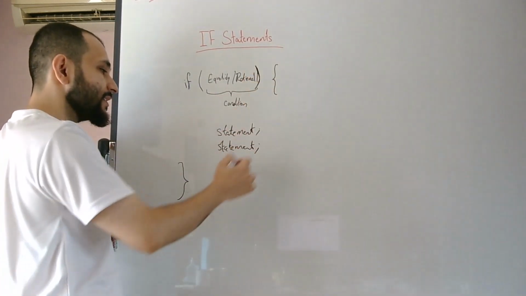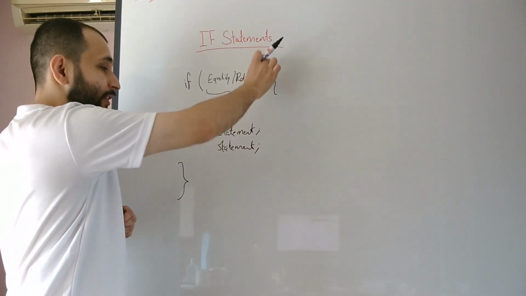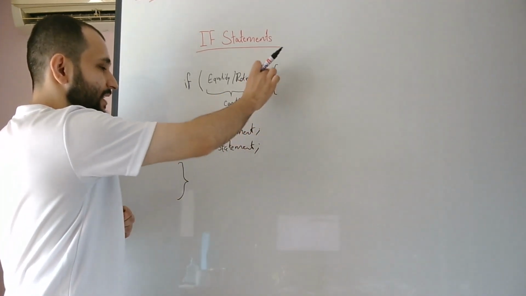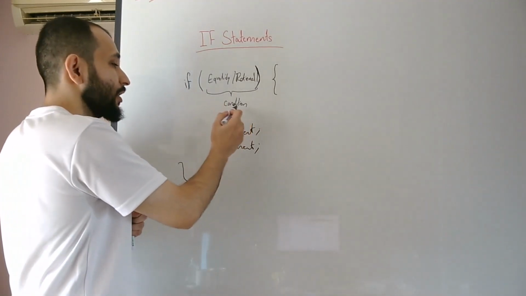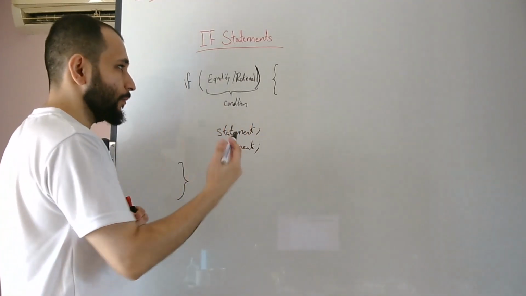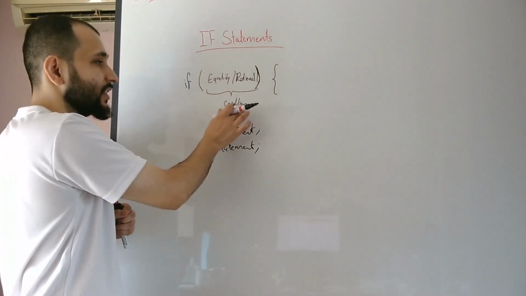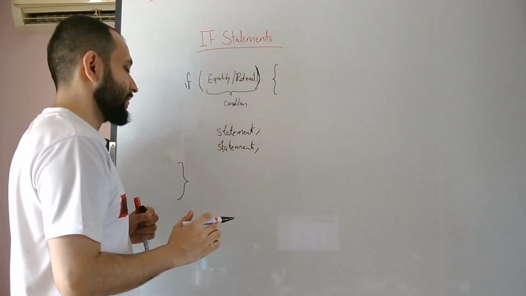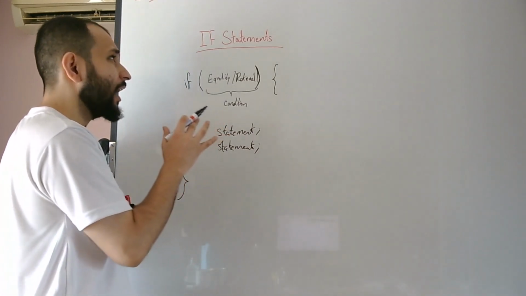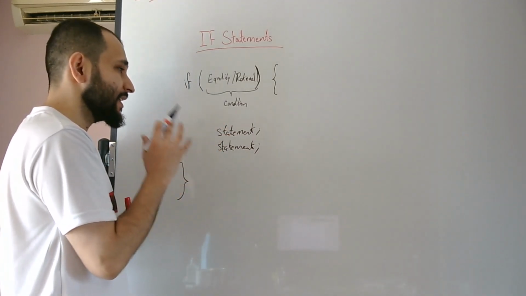They will be executed if this condition evaluates to true. Otherwise, if this condition is false, these statements will not be executed. And this is how we can create if statements.